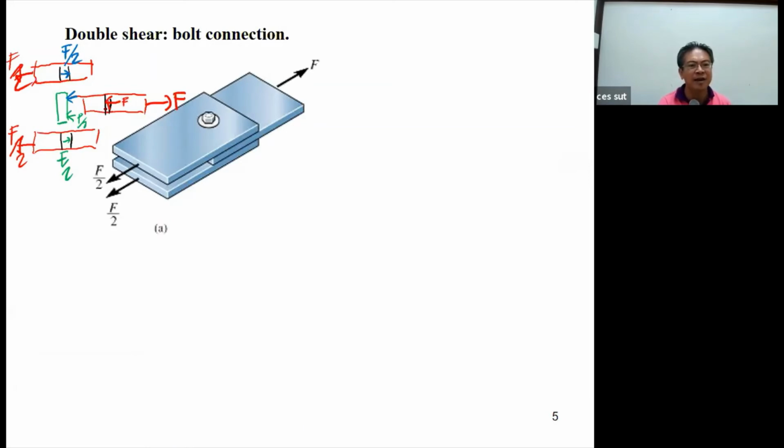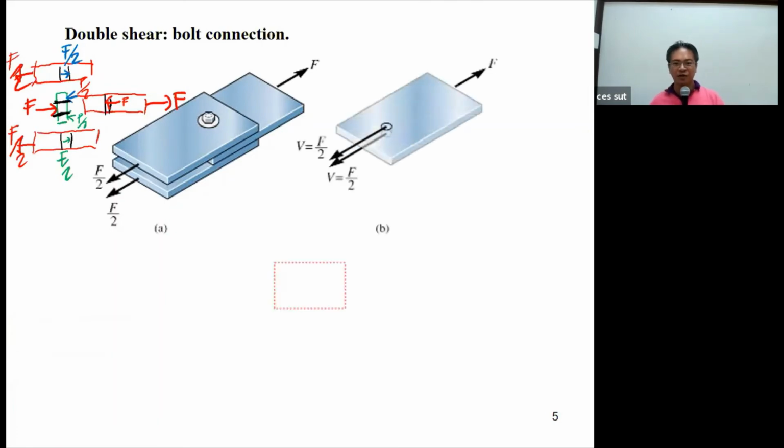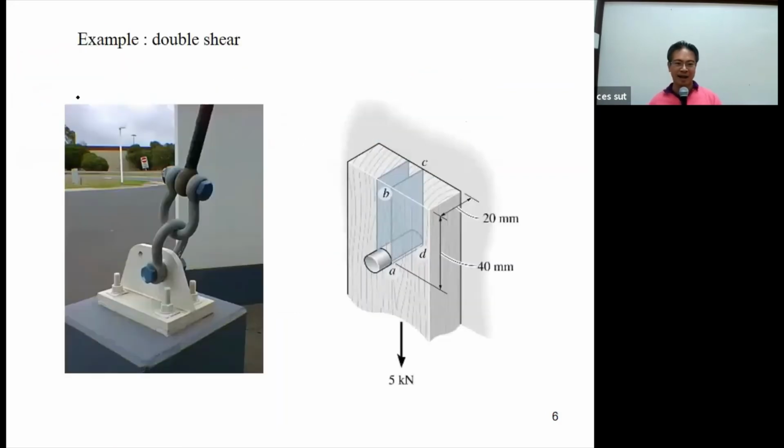And the resistance F here, on this side of the bolt, is going to be F. So it's balanced. This is F over 2 plus F over 2, which is F. But this time the shear plane is going to be double like this. By using this one, the shear is going to be F over 2, and then divided by A.